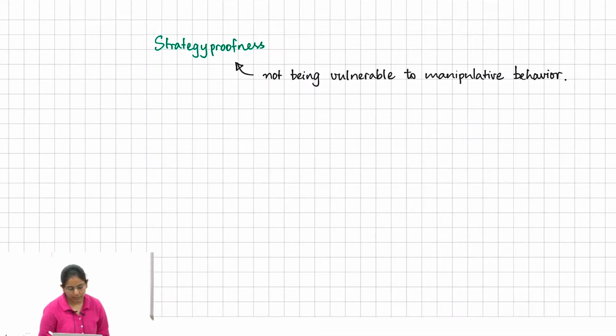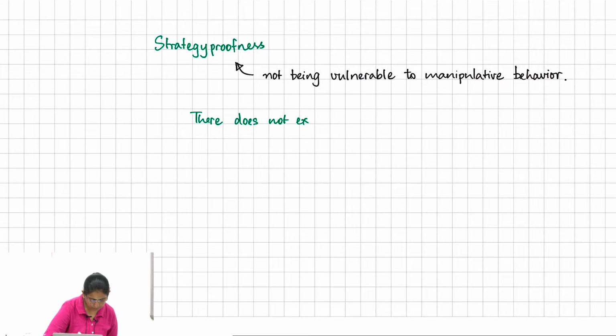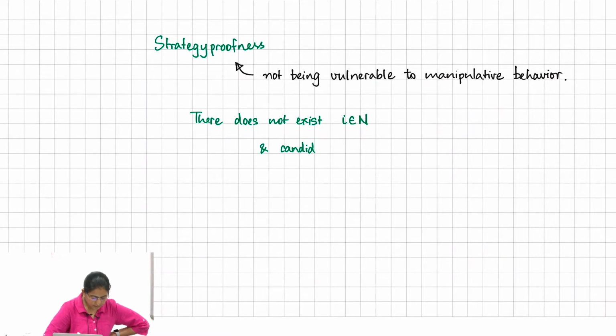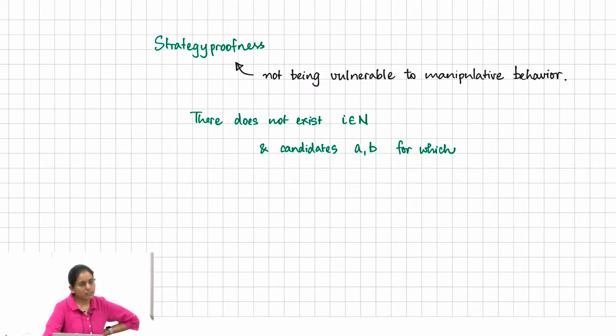So let's try to capture that. So we want to say that, well, since we are defining strategy proofness, maybe I should say that there does not exist a voter and let's say a pair of candidates for which what?